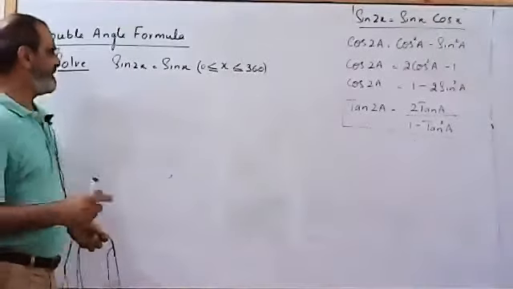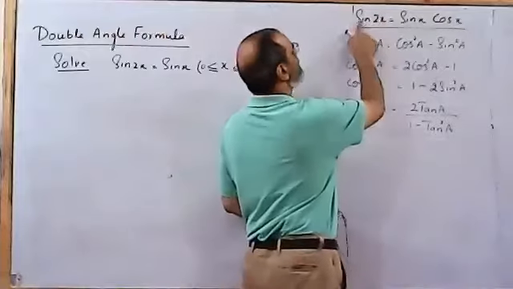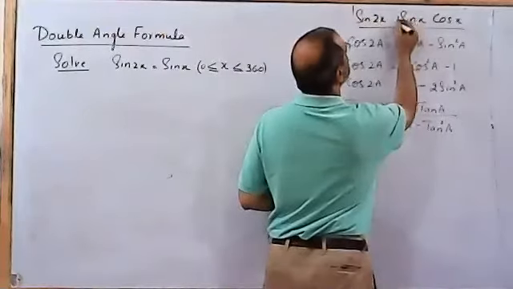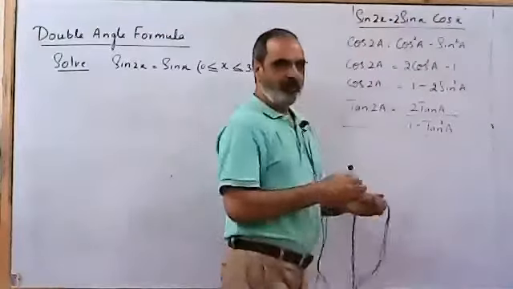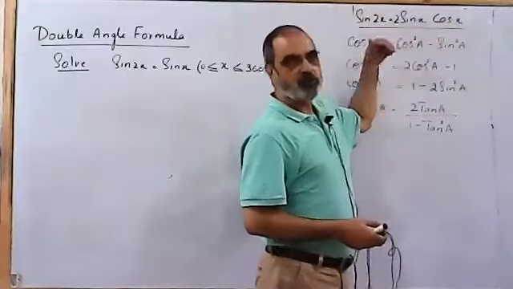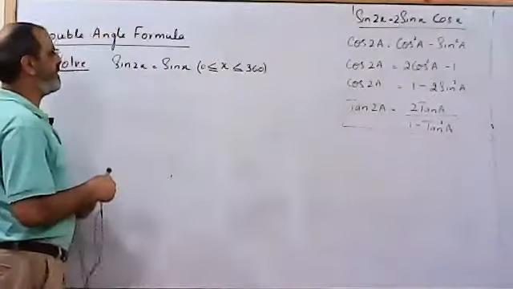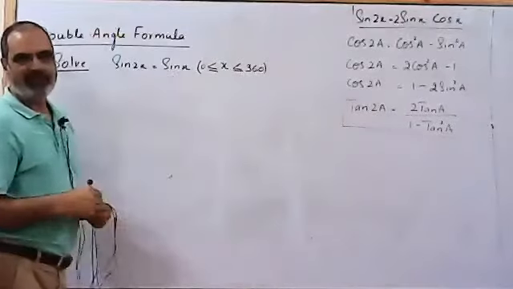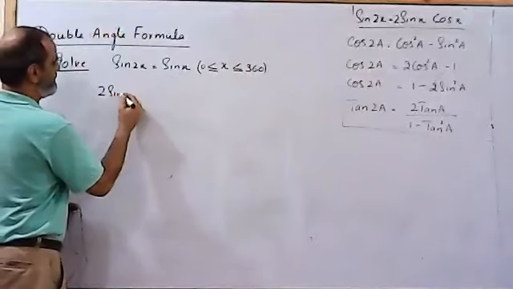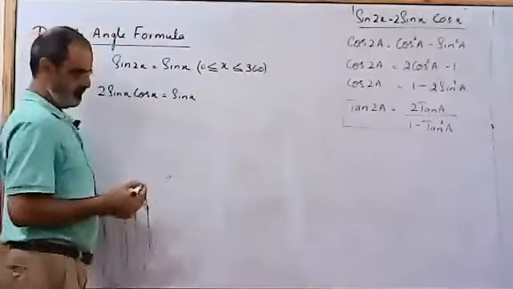To make the angle the same, I can apply the double angle formula. In the double angle formula, sine 2x is written as 2 sine x cos x. So the double angle 2x becomes single angle x. I'm going to change sine 2x into 2 sine x cos x because I need the same angle in each trigonometric ratio. So 2 sine x cos x is equal to sine x.